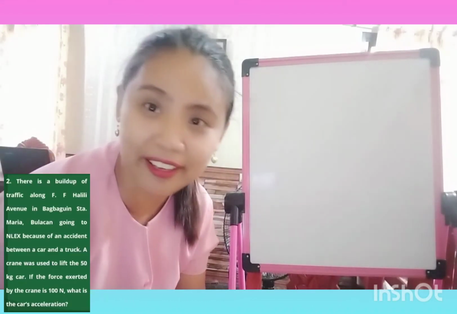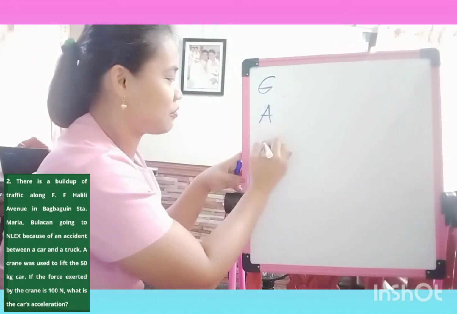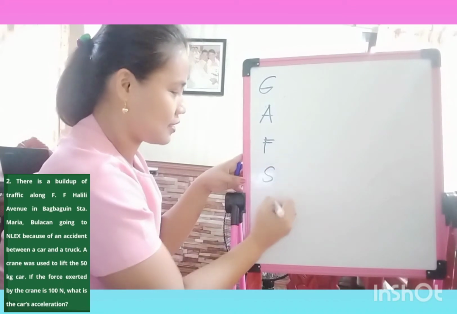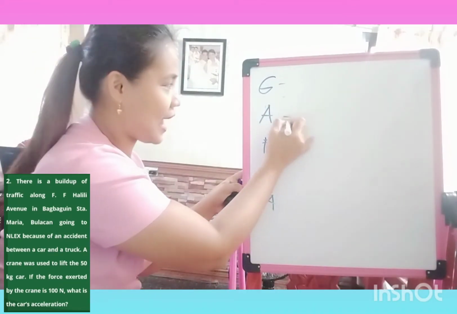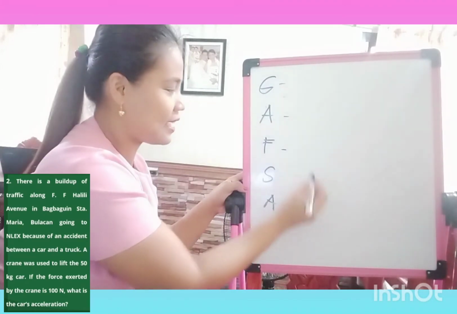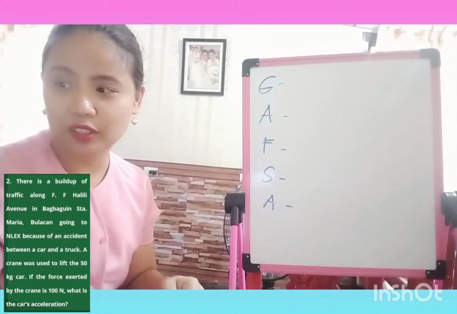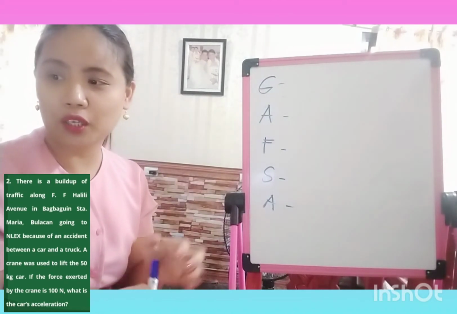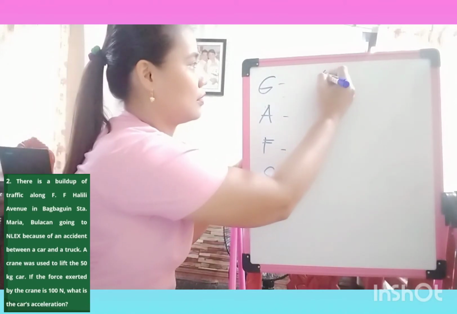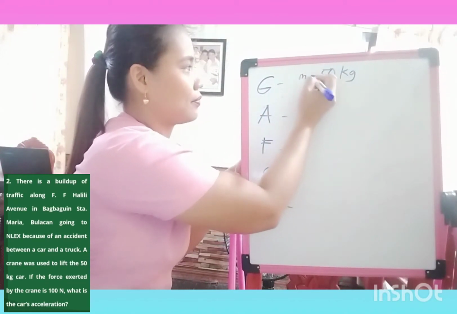Remember our mnemonics. You have GAFSA. Given, what is asked, the formula, the solution, and the answer. For this problem, our given are the following. The mass of the car is 50 kilogram.